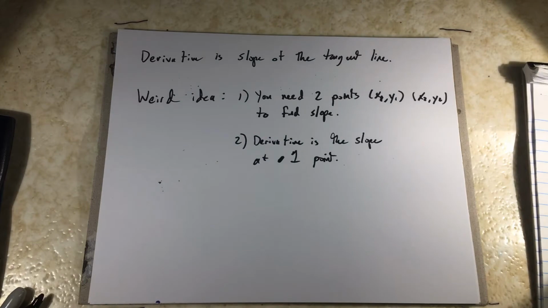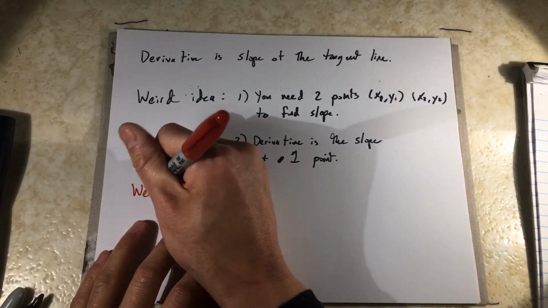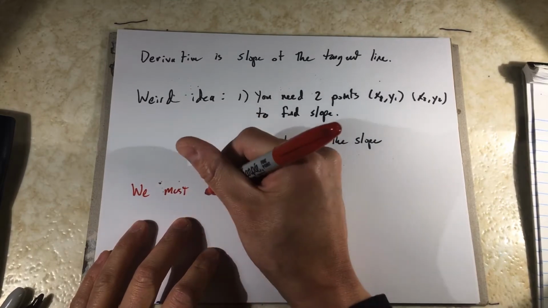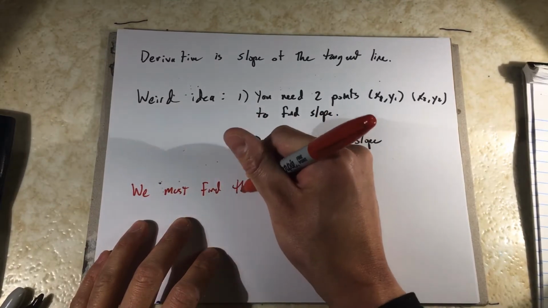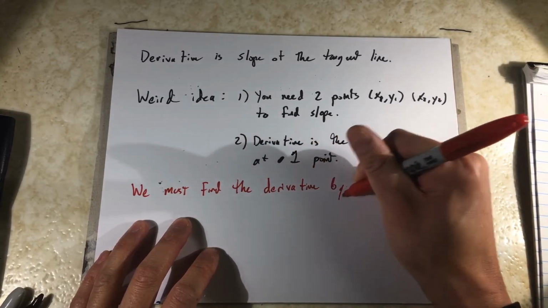So how do you figure out that? And the answer, and this is kind of the key to this, if you remember the name of this, is that we must find the derivative by approximation.